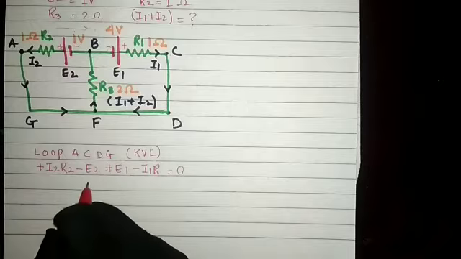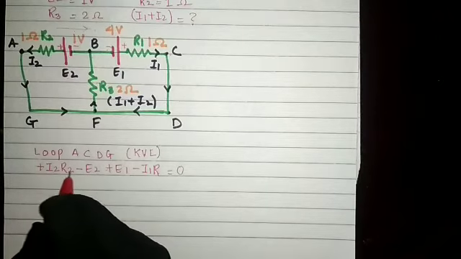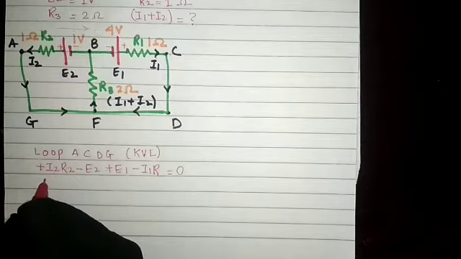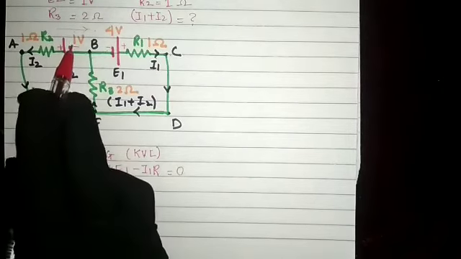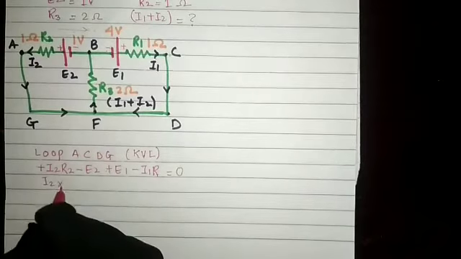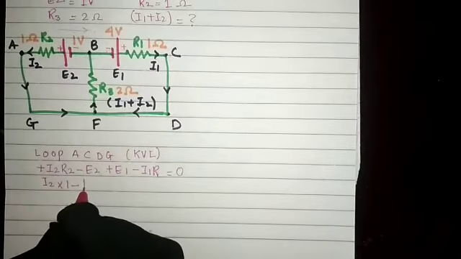Okay. So now substitute the values. We don't know I2, but we know R2. R2 is already 1 ohm. So I2 into 1, minus E2; E2 is already given as 1 volt. So minus 1 plus E1, which is given as 4 volt.